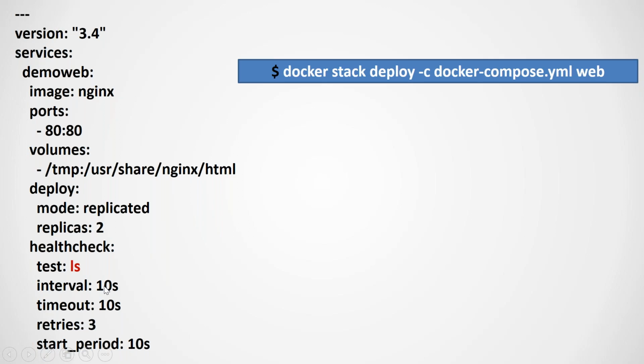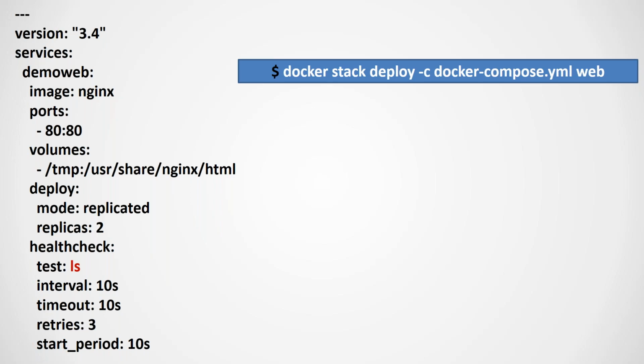Now, what if my application is taking 40 seconds to start? Then whatever command I'm running every 10 seconds is definitely going to fail, right? Then you should not be running the health check as soon as the container is created. So you should know how much time your application takes to start up, and based on that, you can give the start period.